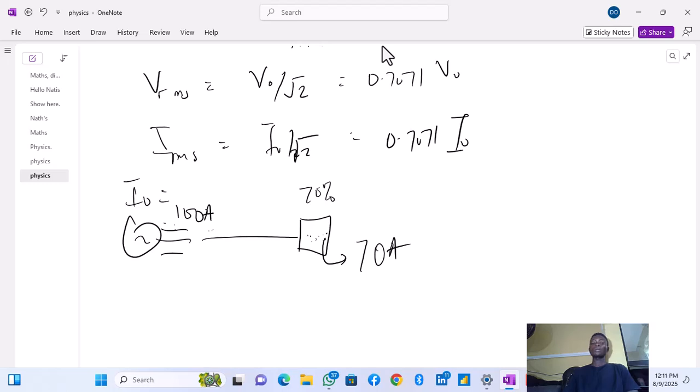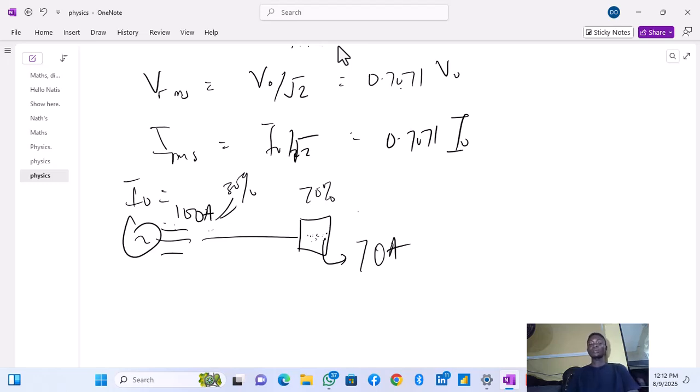So that means 30% must have been wasted along the line. Do you understand? The peak current is much, but by the time it gets to this guy, only 70% will produce a heating effect. Approximately 70.7%, approximately 71% actually.